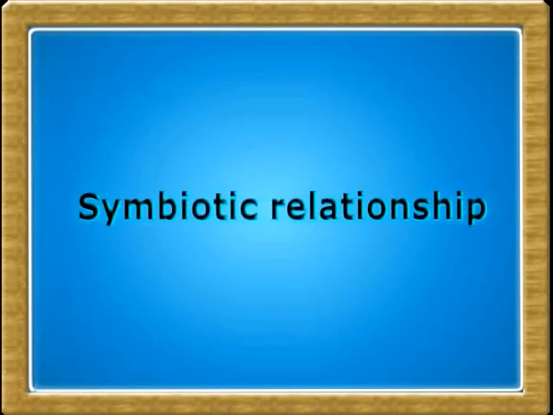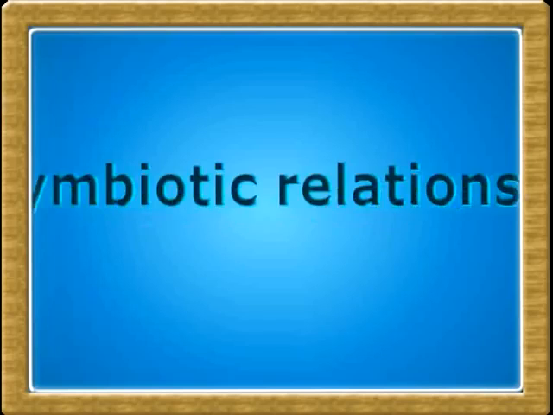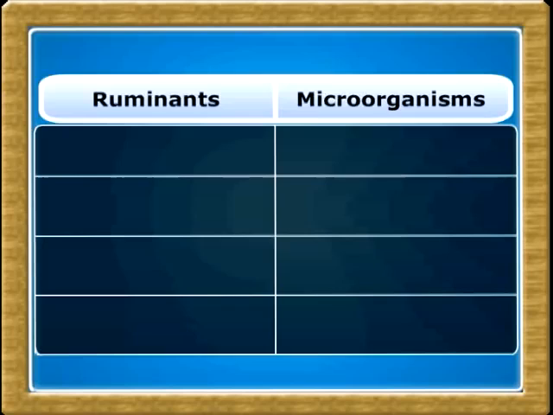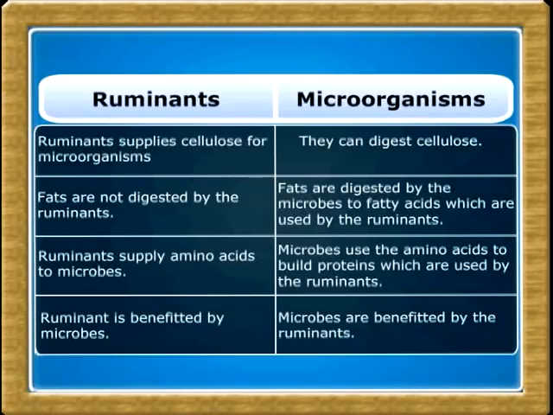Symbiotic relationship. There is a symbiotic relationship between the ruminants and microorganisms. The animal supplies cellulose for microorganisms to obtain energy. The fatty acids produced by microorganisms are used by the ruminant for energy production.